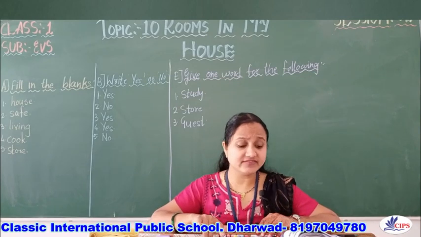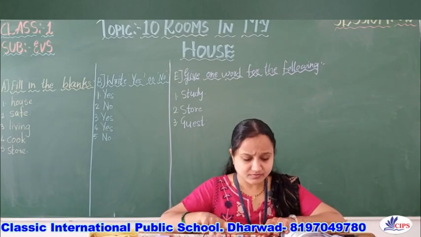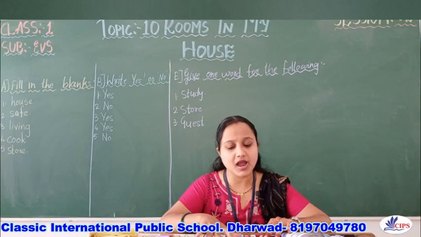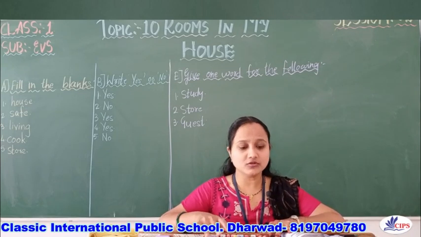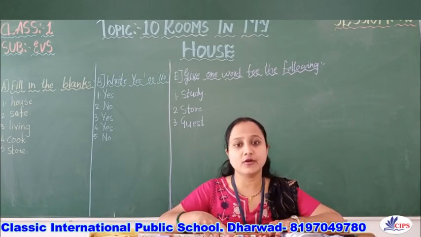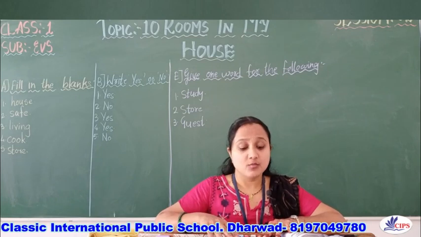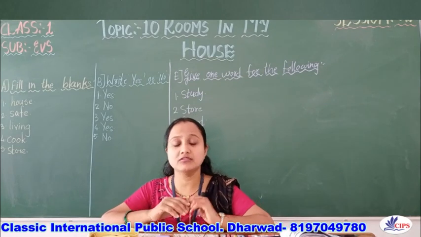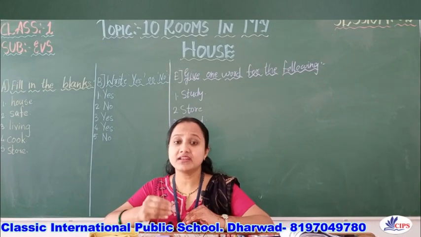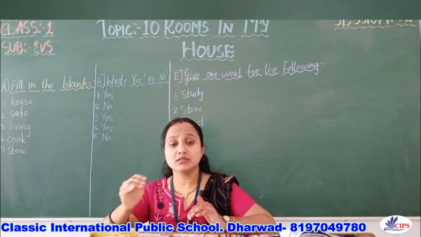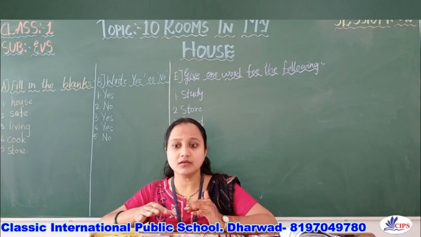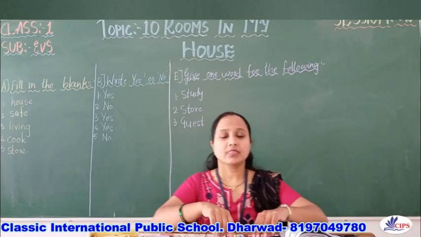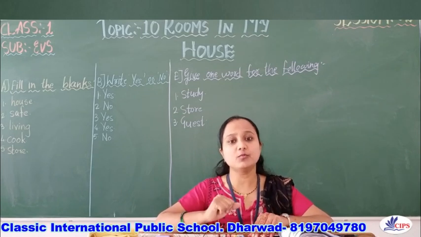Then one more life skill is there. Should we throw the waste material from our house onto the street? Why or why not? So children, whatever waste material comes from our house when we clean the house, when we clean the vegetables, the leaves that fall from the tree, where will you put that waste?